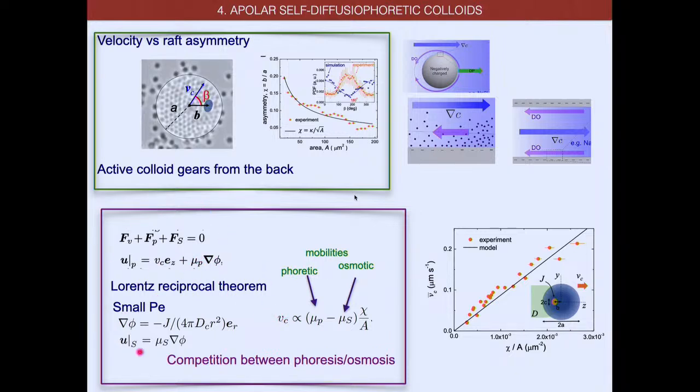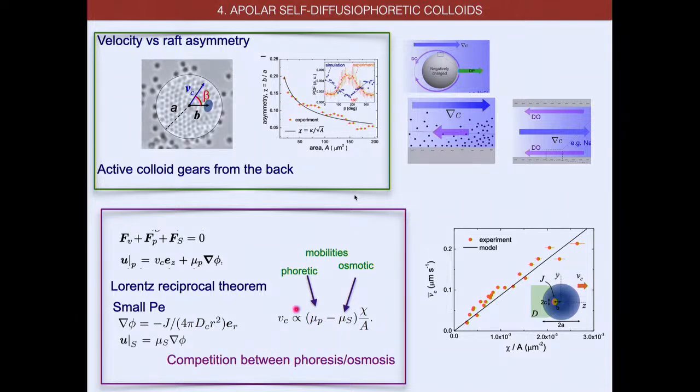Because both flows respond to the same gradient, the velocity of this object depends on this gradient and on the difference between these two mobilities. So in a way, the phoretic flow and the osmotic flow have opposite directions.